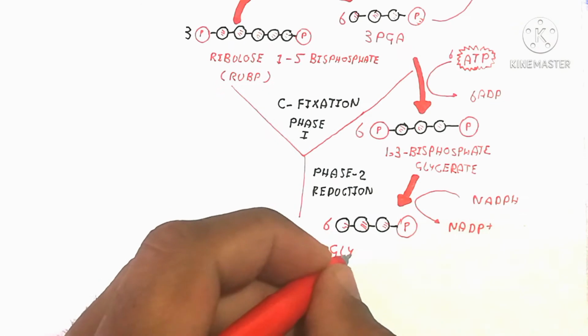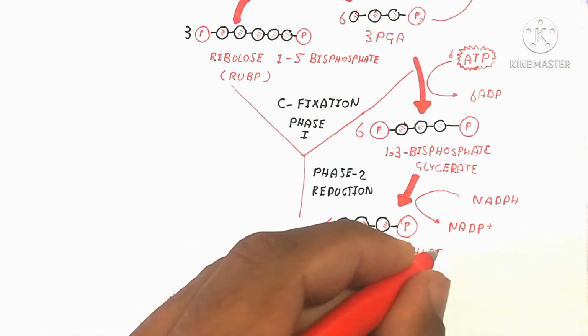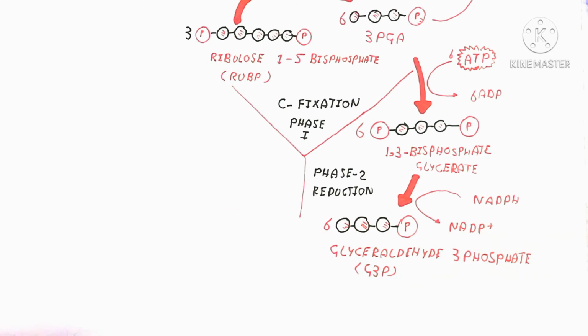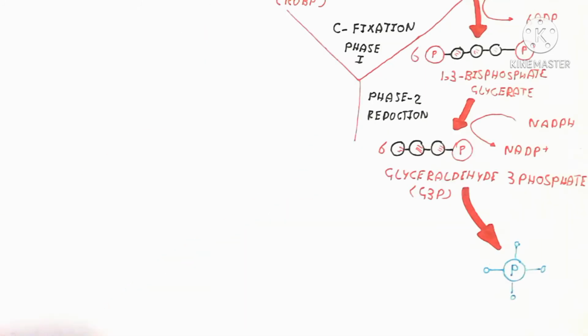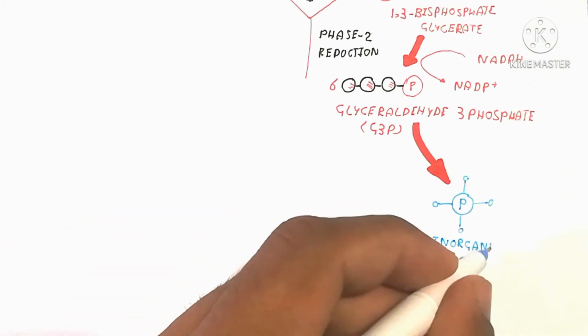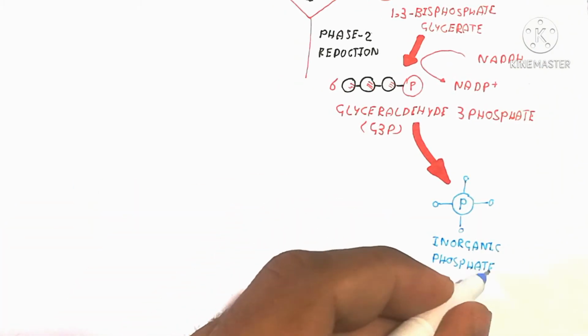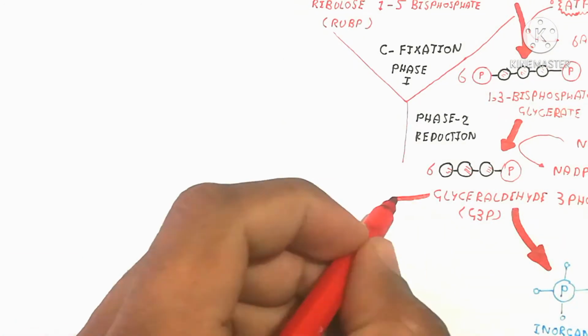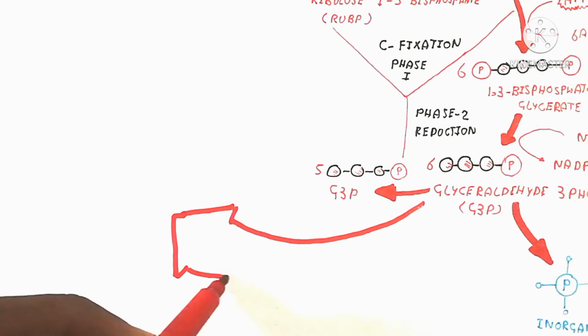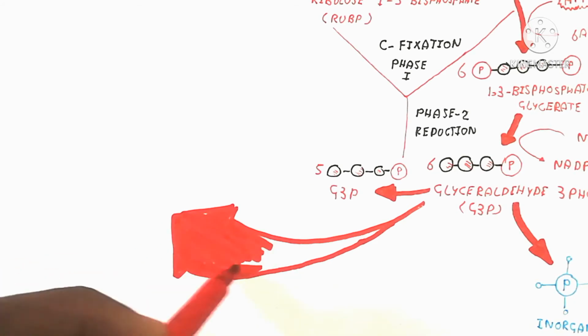One molecule will be separated, and the cycle will continue again with carbon dioxide fixation. The inorganic phosphate group is released by the dehydrogenase enzyme, and it is known as reduction, because reduction means reducing the glyceraldehyde 3-phosphate.